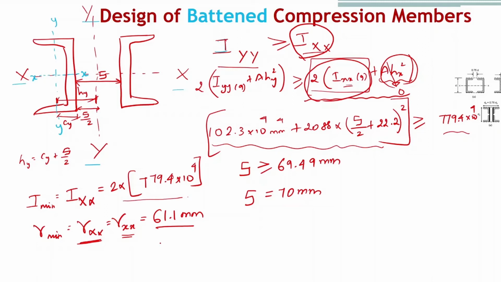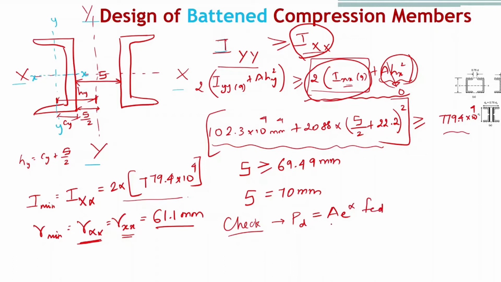Once you have arranged the compression member, you need to check for its strength. That is the last step in the design of compression member. Check for its strength. So strength of this chosen compression member, PD, is equal to area of the compression member into its design compressive stress.